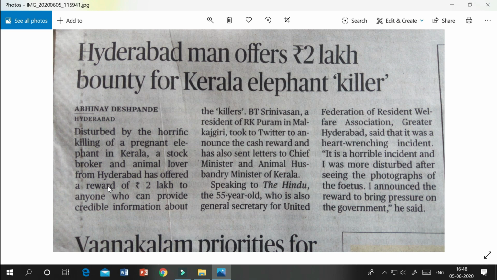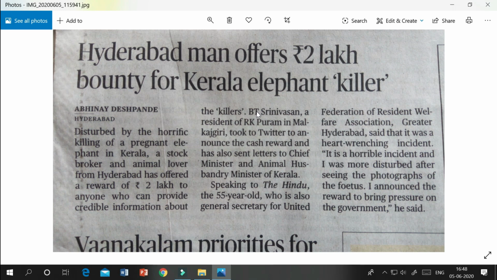A reward, noun. Of rupees 2 lakh, prepositional phrase 1. To anyone, prepositional phrase 2. Who can provide credible information about the killers? This is called conjunction clause. So this is the sentence structure of the first sentence.